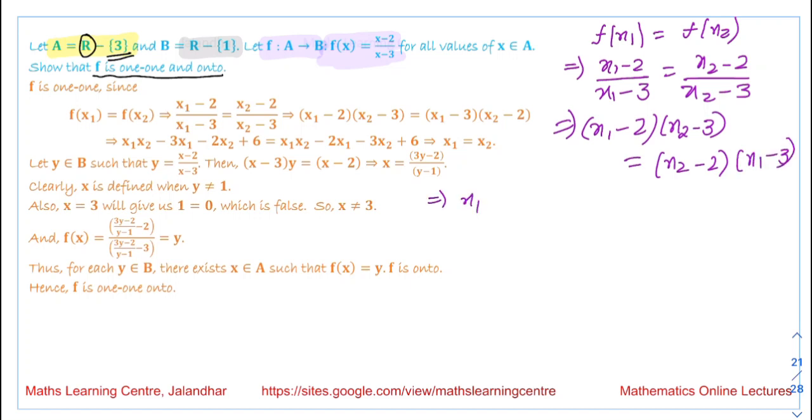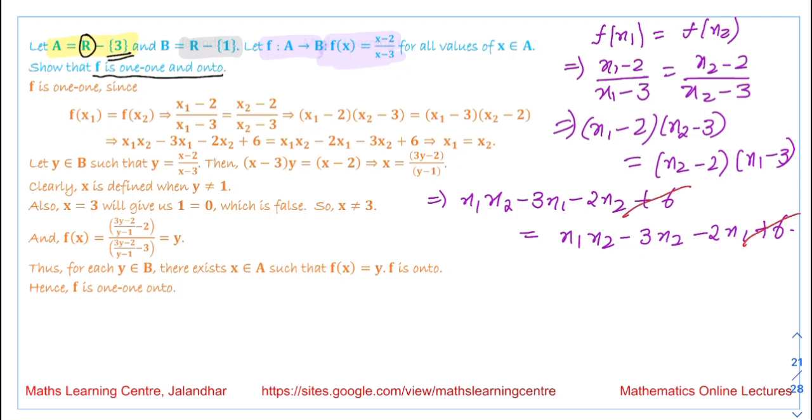This implies x1x2 minus 3x1 minus 2x2 plus 6 is equal to x1x2 minus 3x2 minus 2x1 plus 6. What we get is that this 6 gets cancelled, then x1x2 gets cancelled, and what we are left with is minus 3x1 plus 2x1 equal to minus 3x2 plus 2x2.